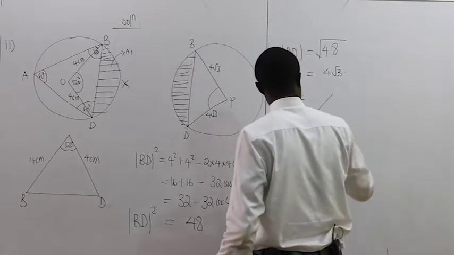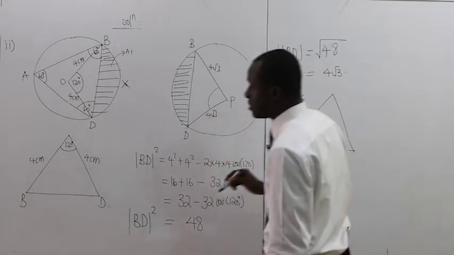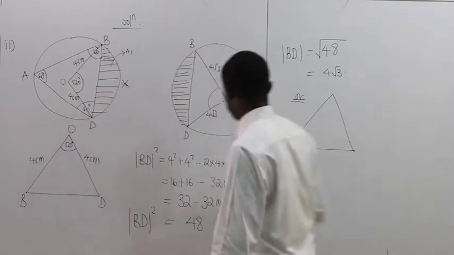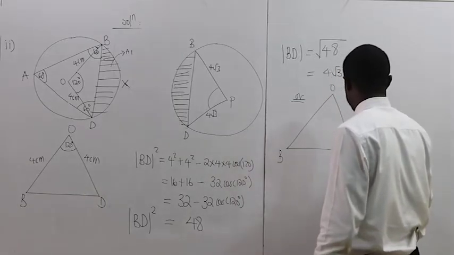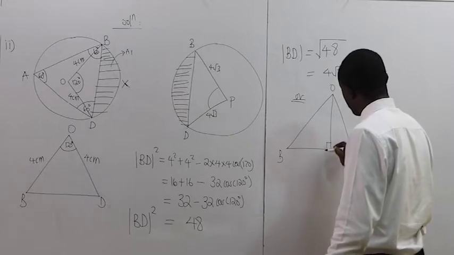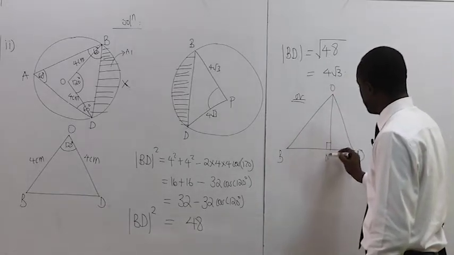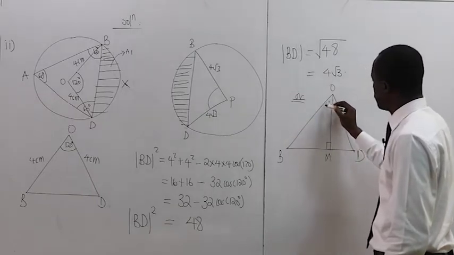We have this triangle OBD, bringing the perpendicular distance from O. Now, this bisects the angle. So we know 120, so this is 60 degrees.